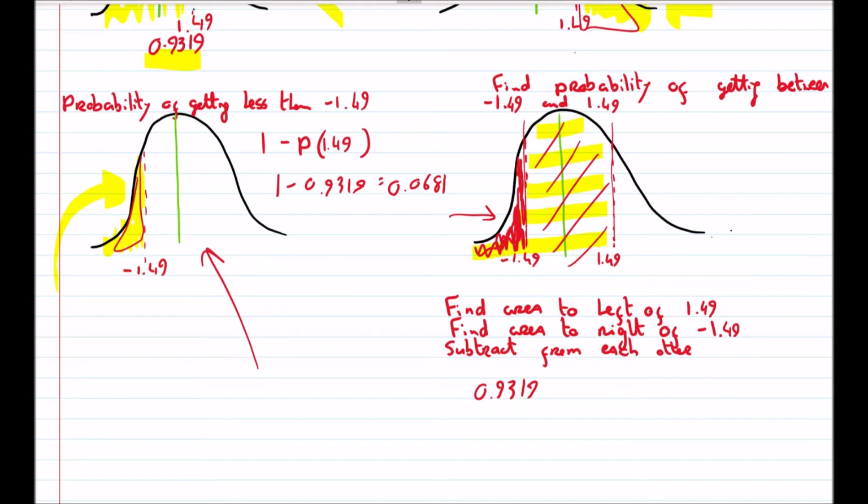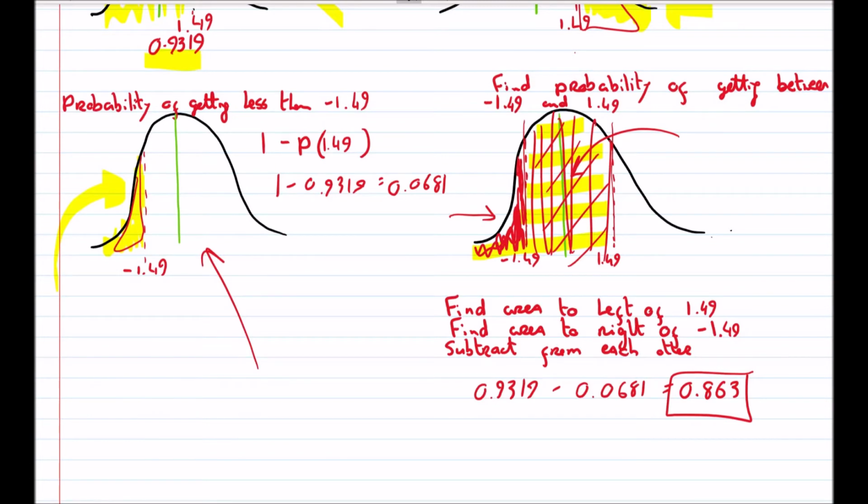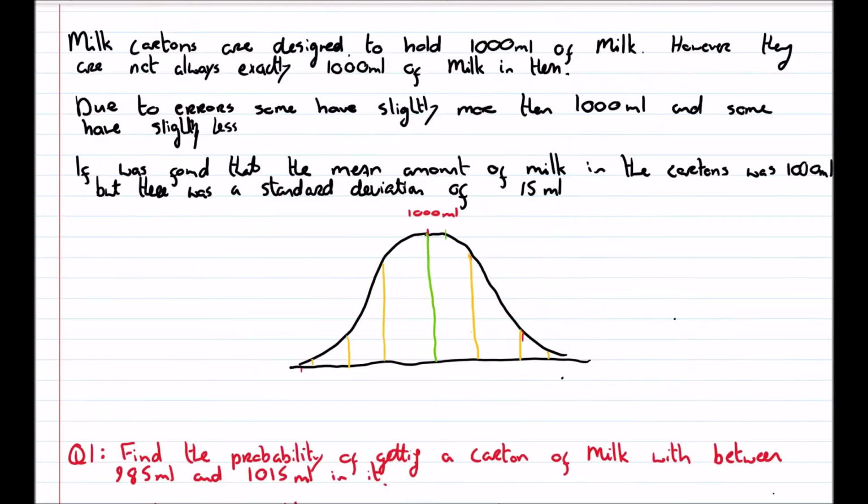I found that out, and it was 0.0681, and I'll just take one from the other and I get my answer, and that will give me 0.863. So there is that probability of choosing someone that's in here, basically.